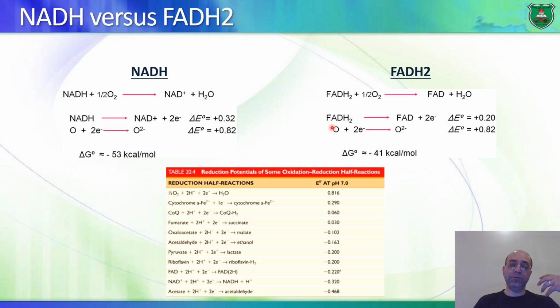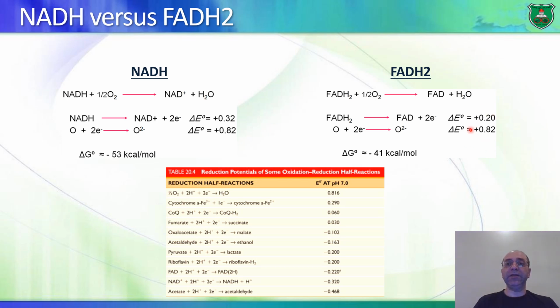FADH2 donating electrons, releasing electrons, has a change of reduction potential of plus 0.20. And the acceptance of electrons by oxygen has a delta E naught prime that equals plus 0.82.